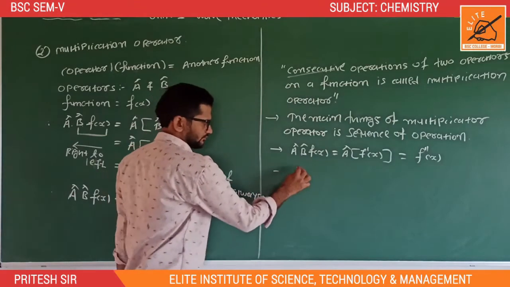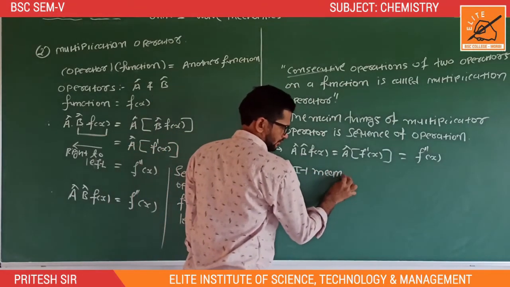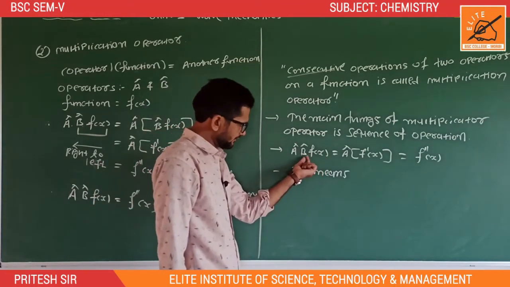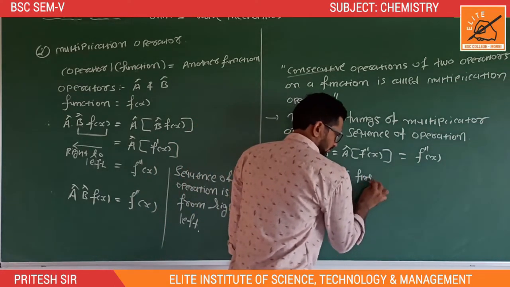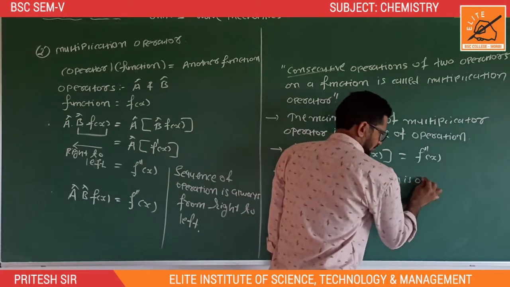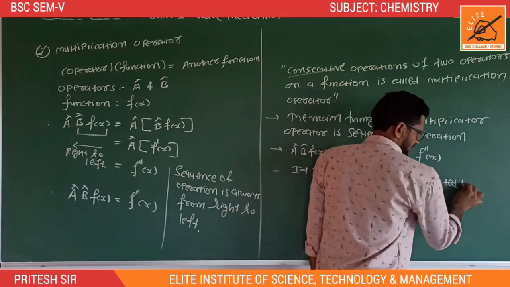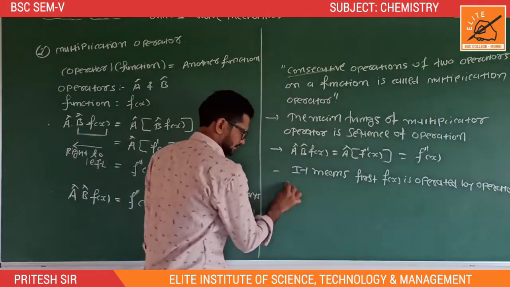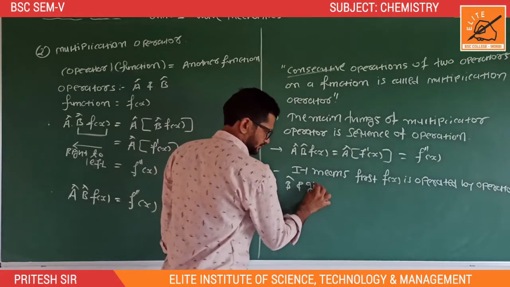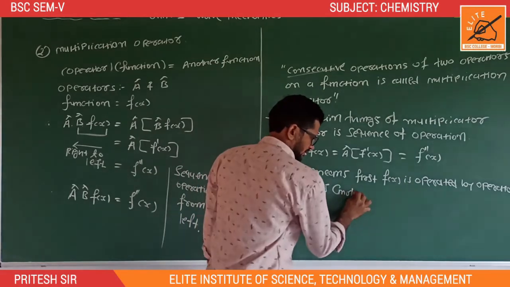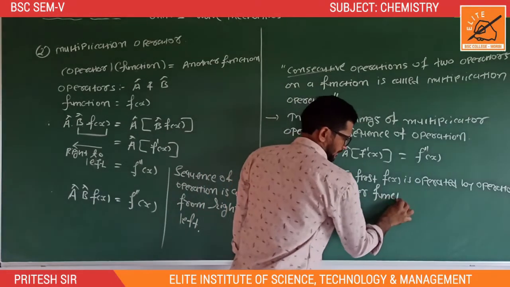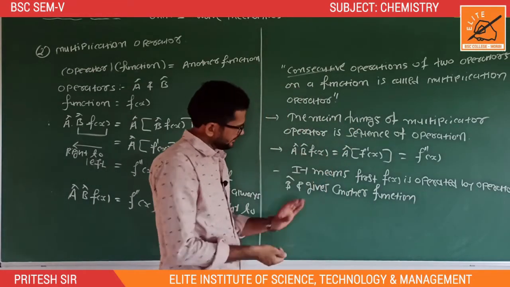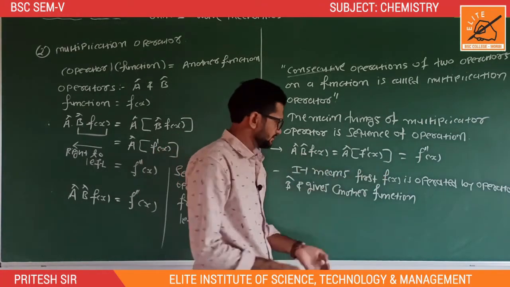It means first function f(x) is operated by operator B cap and gives another function, that is f dash x.